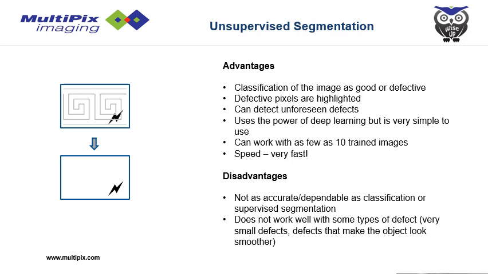The disadvantages are that, of course, because you are looking for things that you have not actually specified, it's not as accurate or dependable in classification as a supervised segmentation would be, because you haven't defined what you're looking for. So you will certainly not be up in the 99.9% that you might be with other ways of looking for segmentation, but you can look for things that you don't know what you're looking for.